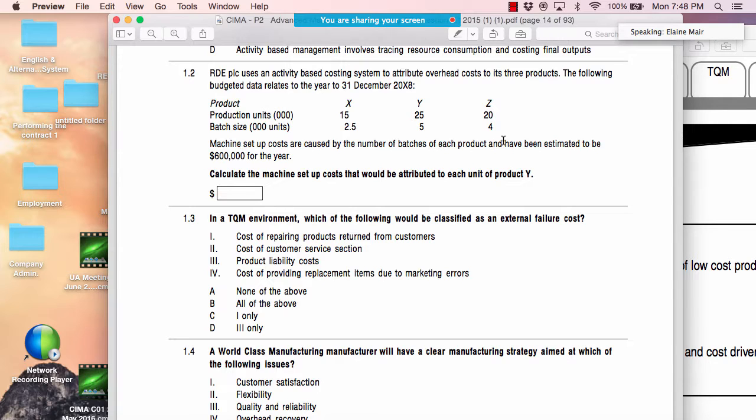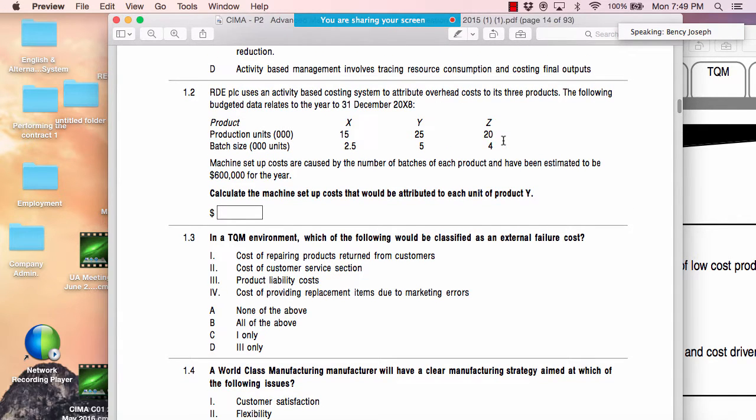So what was the step 1 that you did, Betsy? I calculated the number of batches for X, Y, and Z. Right, and why did you do that? I tell you the truth, I'm a bit rusty, and that seemed to be the only thing I could do with the numbers. I've done a bit of costing in the past.